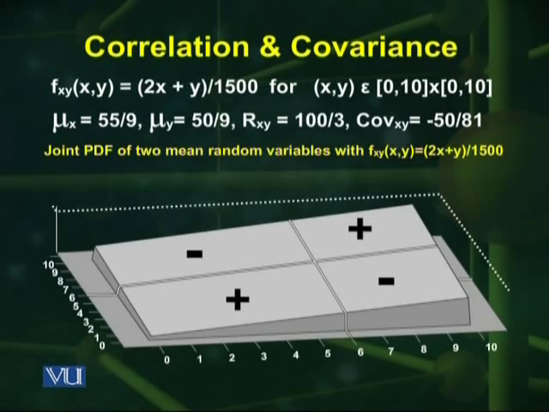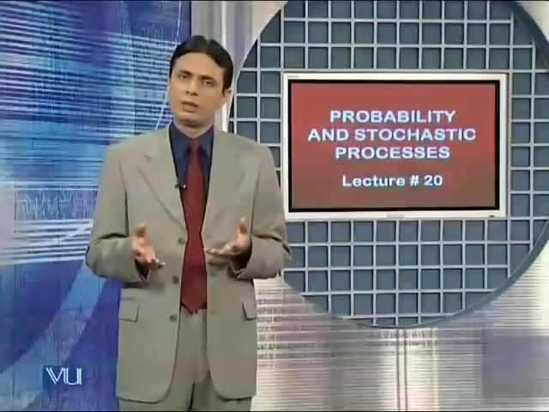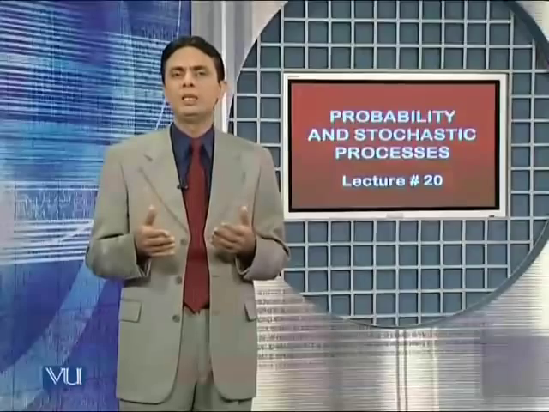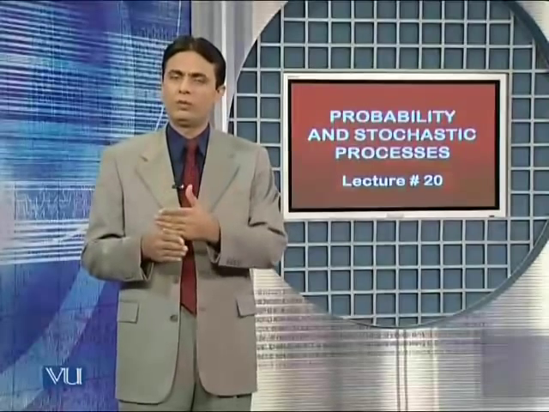Similarly, the two regions marked with negative signs represent those regions of the joint PDF where one variable takes a value larger than its mean value, but the other variable takes a value smaller than its mean value.